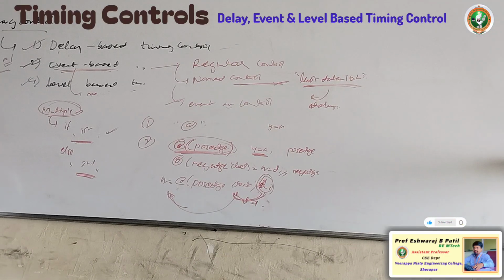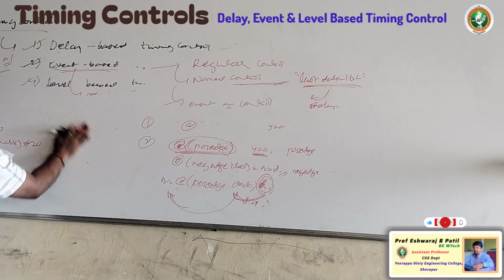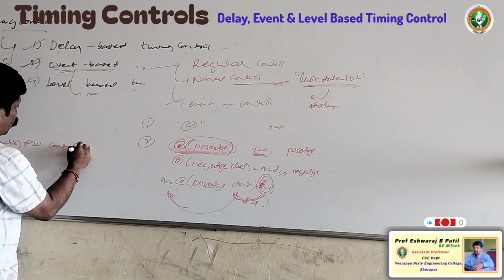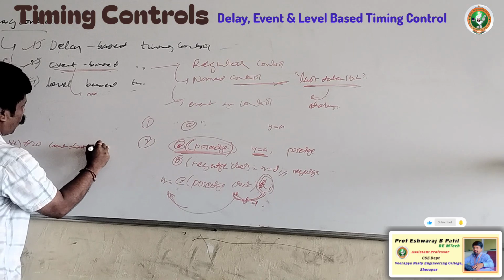For example, it has some syntax here. Always wait enables with the delay of 20, count equals count plus 1.